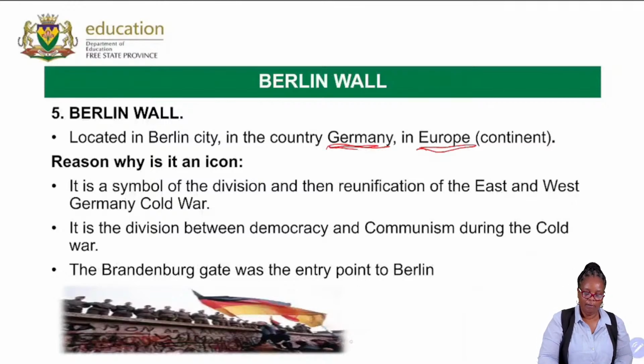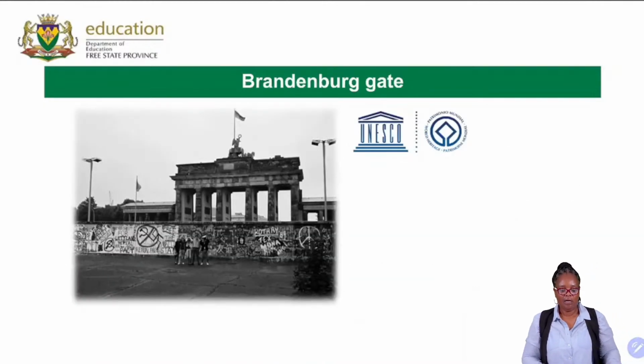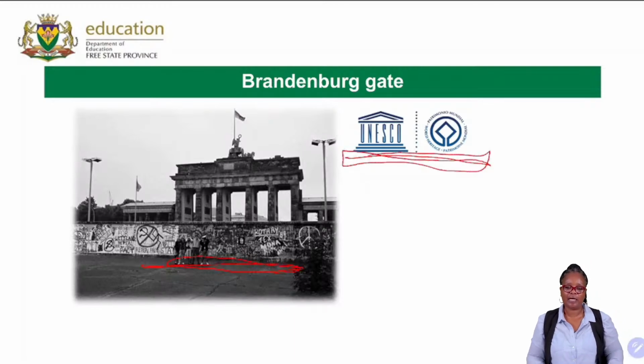This is our icon, the Berlin Wall. And for people to get to Berlin, they have to go through the Brandenburg Gate. This was the only entry for them to go to Berlin. When you look at this is the gate itself. Look at the gate. It is part of the World Heritage Site.